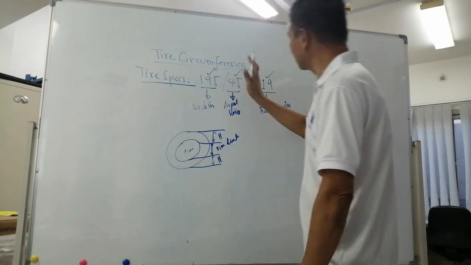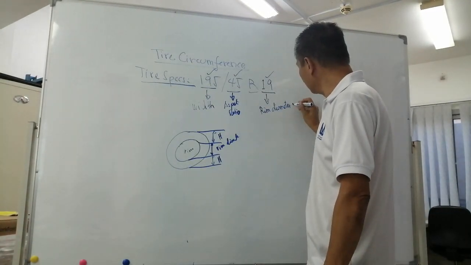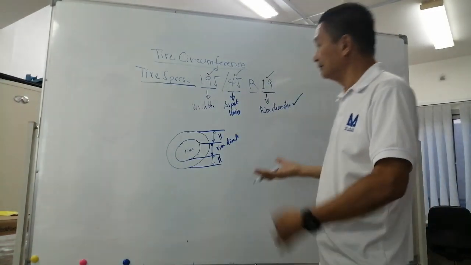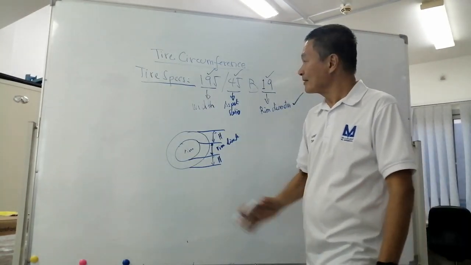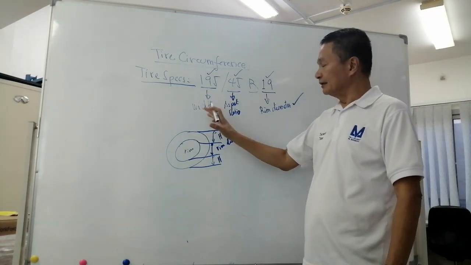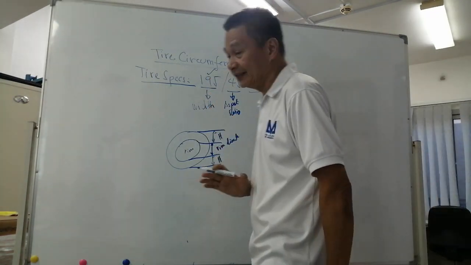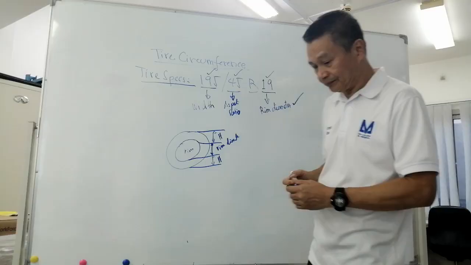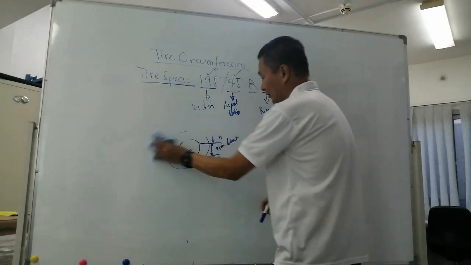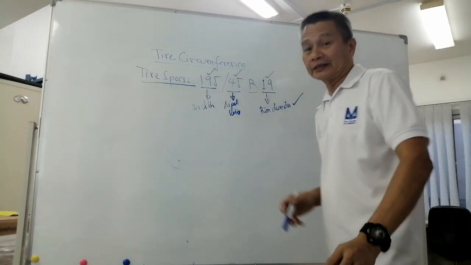diameter. Based on the specs, we already have the rim diameter, but we don't have the height. Again, 195 represents the width, which is expressed in millimeters. What we are looking for is the circumference.